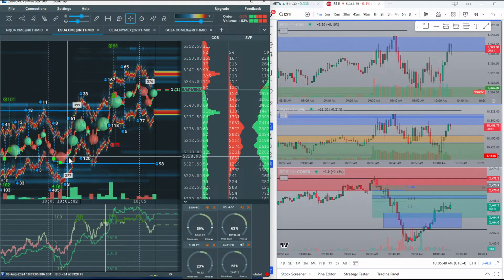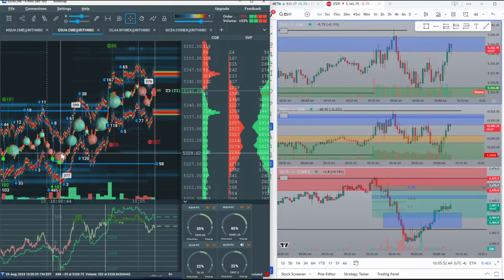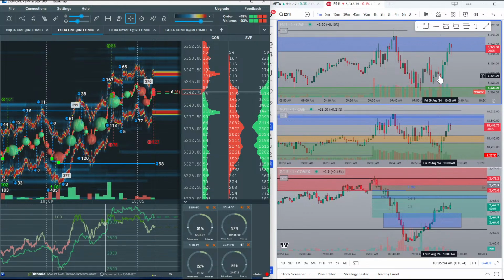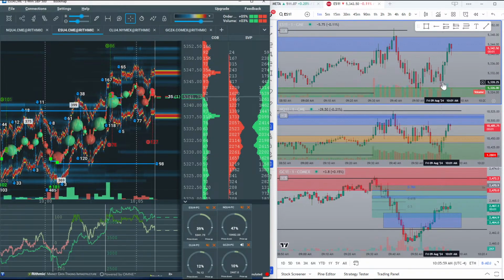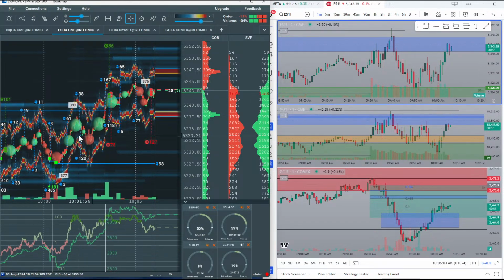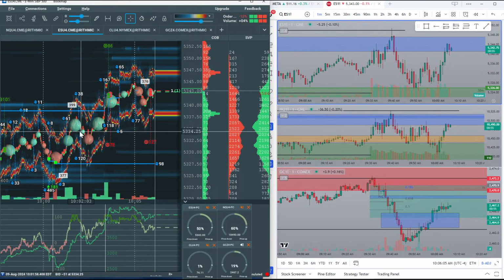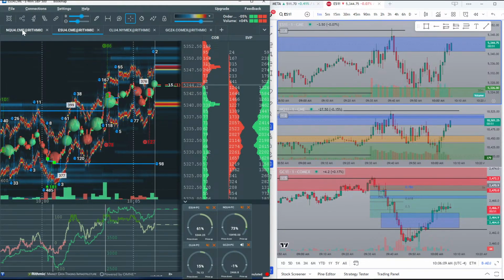Now if I was watching ES at this point, with this iceberg that formed, there might have been a chance that we would have taken some ES longs at some point over here with a stop loss right at that 53.27. So it definitely depends on how you use it. I like using icebergs a lot more on something like ES, maybe something like GC or CL.